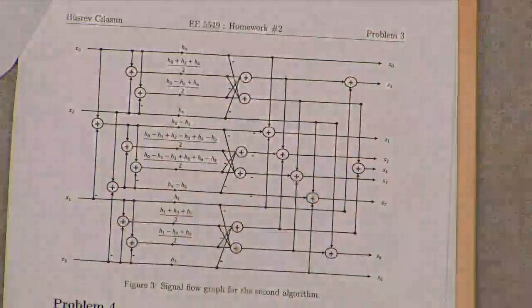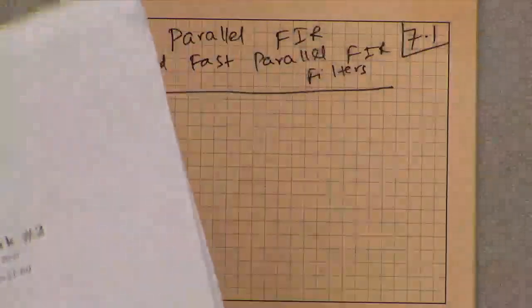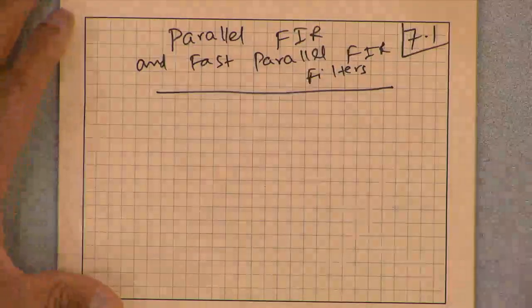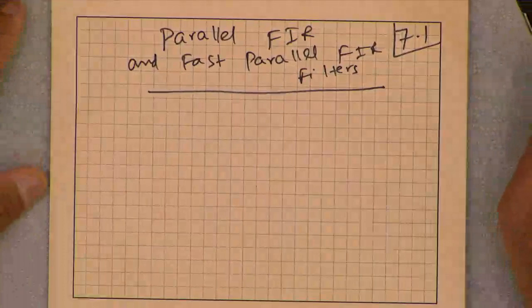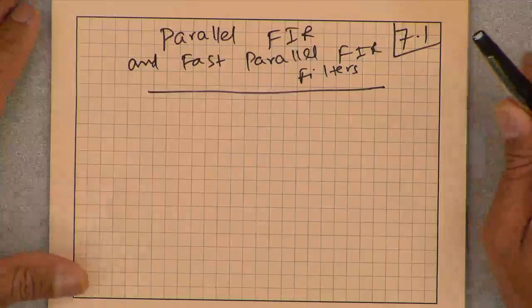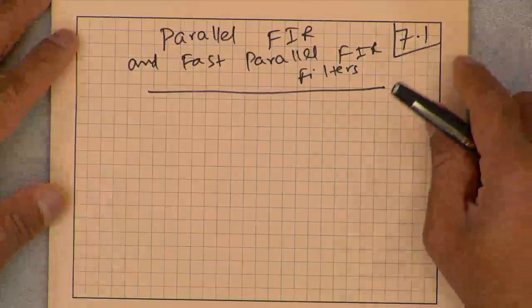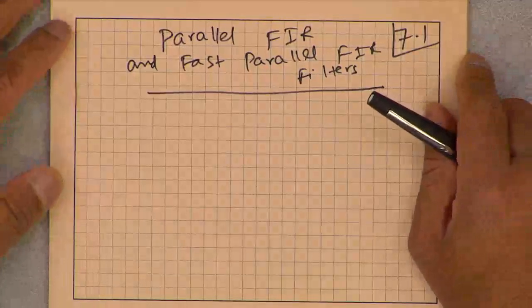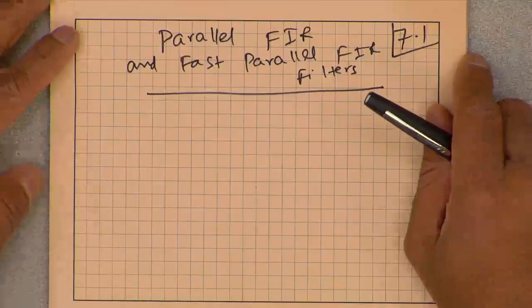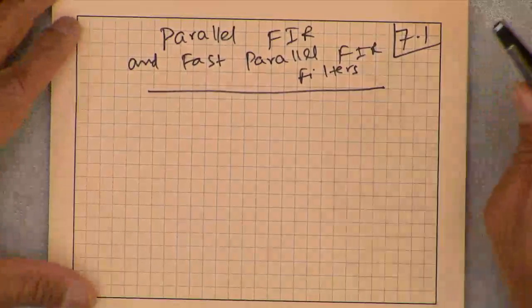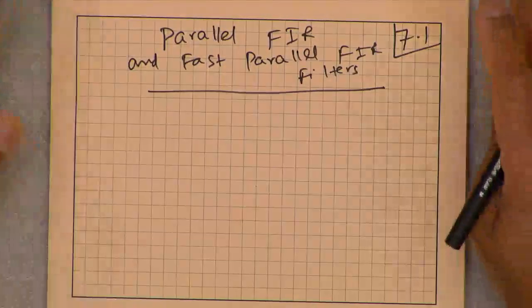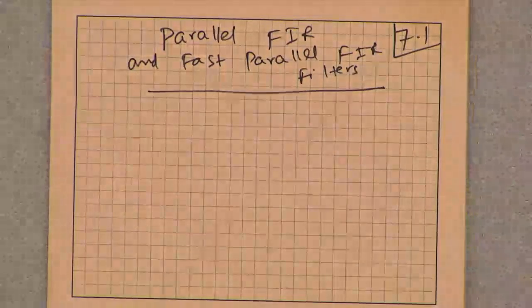Not all arbitrary iterations are possible, and one of the goals is to find out there are certain conditions under which certain fast convolution algorithms can be iterated, and sometimes they cannot be iterated, and I want you to think about why they cannot. Okay, any other questions?